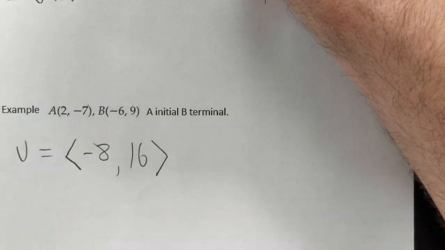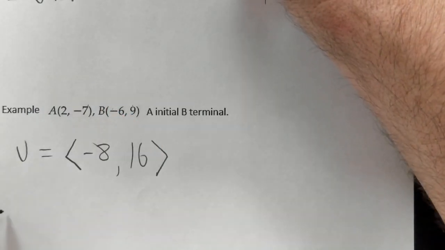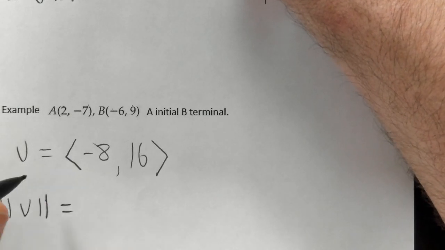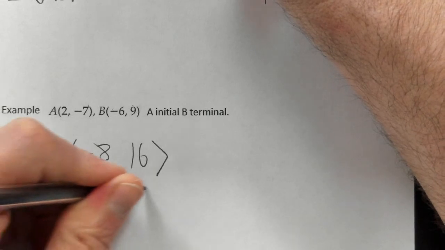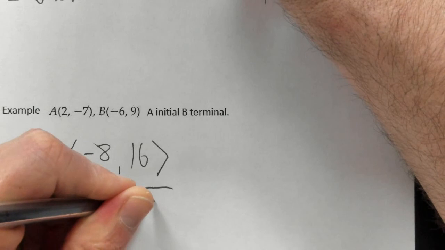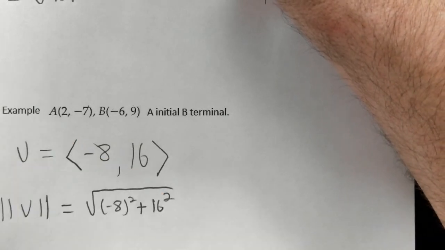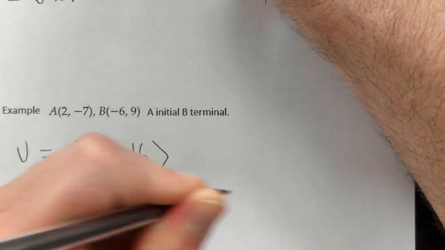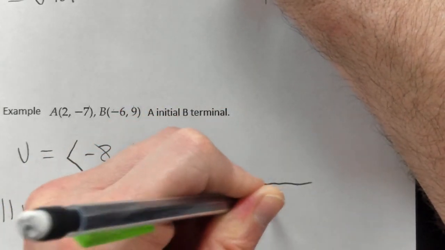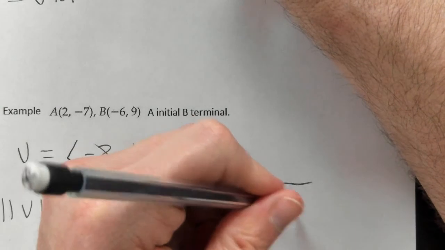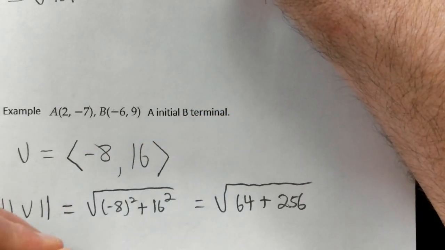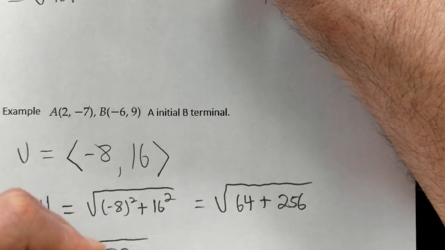So now that I've got the component form, I can use that to find the magnitude, which is going to be the square root of -8 squared plus 16 squared, which is going to be equal to the square root of 64 plus 256, and that's equal to the square root of 320.